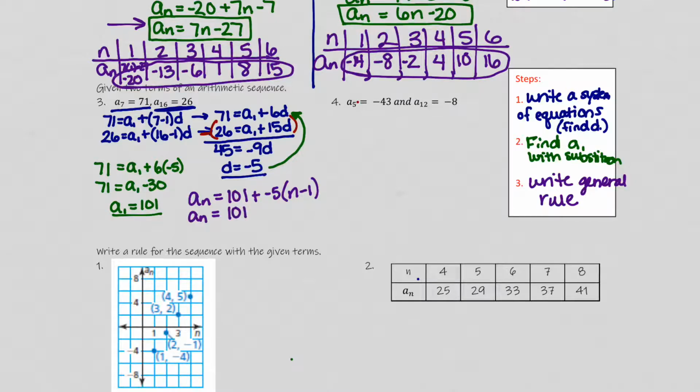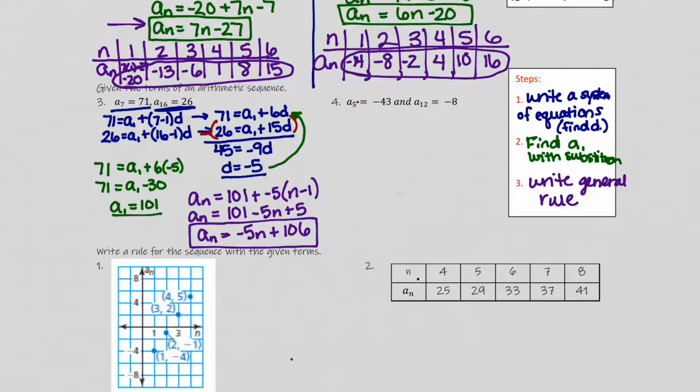We need to distribute the negative 5, so I get negative 5n plus 5. Collect like terms, so I have negative 5n plus 106. There's our rule to find any term in the sequence. You can double check it by plugging in 7 for n: take negative 5 times 7, add 106, and you should get 71. Do the same thing for 16, and it should work out.